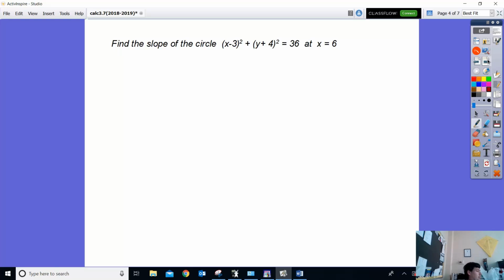Now here's an easy example. Find the slope of a circle, x minus 3 squared plus y plus 4 squared equals 36 when x is 6. Yeah. How do we find slope? How do we find the slope at any x value?